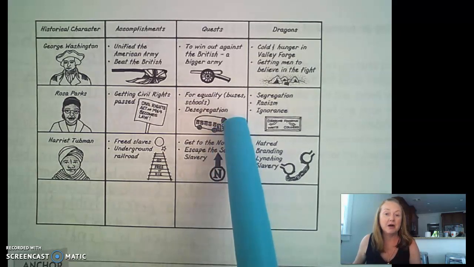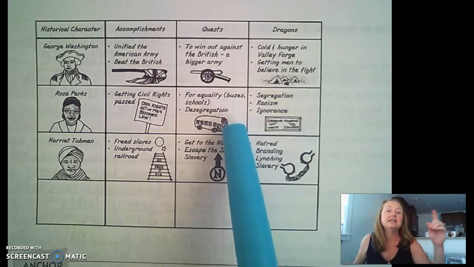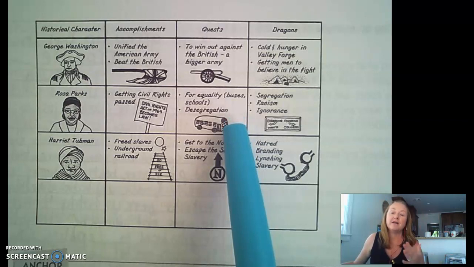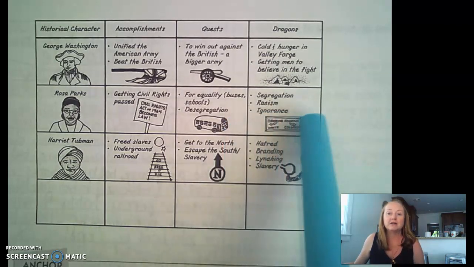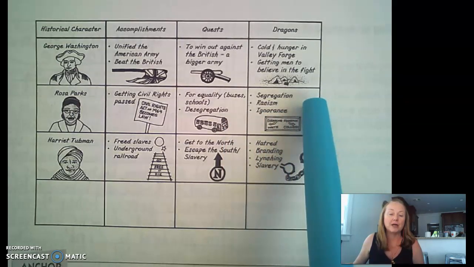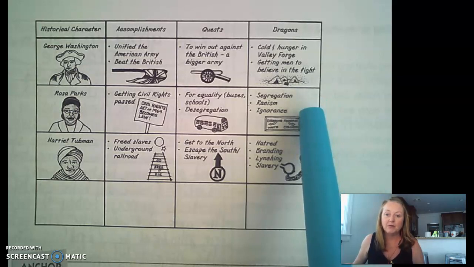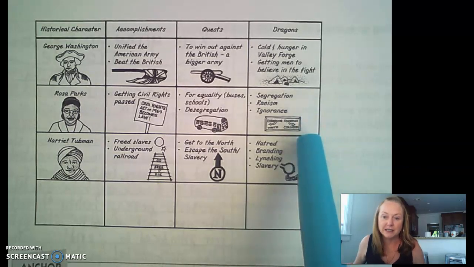And her quest was to create desegregation so that everyone could be together. What were the dragons? Segregation, the separation of people based on their color. Racism, when people mistreated each other because of their color. And ignorance, when people just didn't know any better.